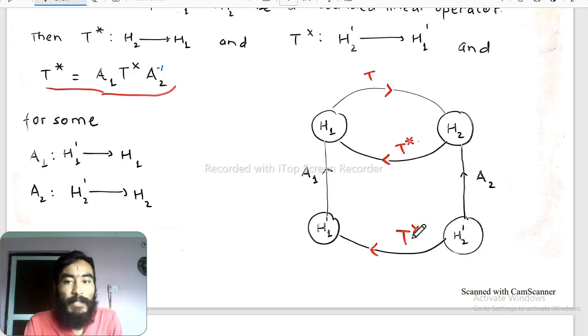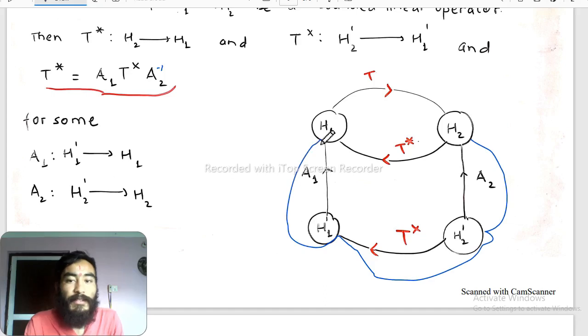The relationship is that the Hilbert adjoint operator T star equals, from here, A1 of T cross of A2 inverse. So this is the relationship between the Hilbert adjoint operator and the adjoint operator.